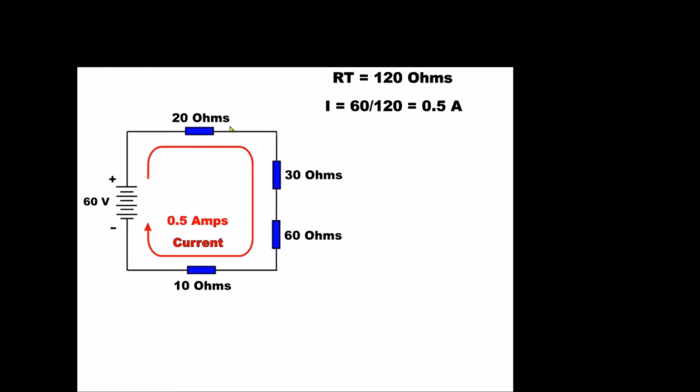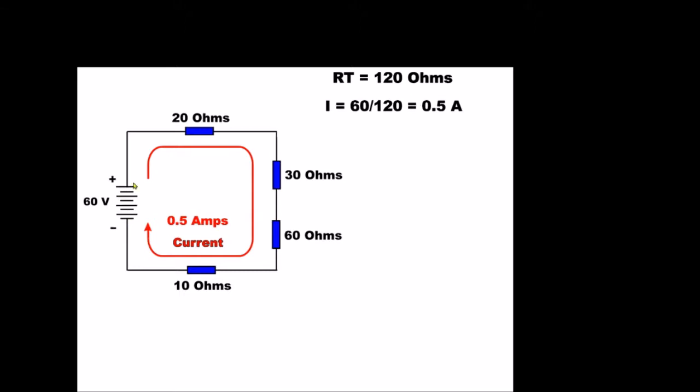If you add up these resistors, you have a resistive total of 120 ohms of resistance. Now, if we use our formula, current equals voltage divided by resistance. Our voltage is 60. Our total resistance is 120. So we get 1/2 amp of current.